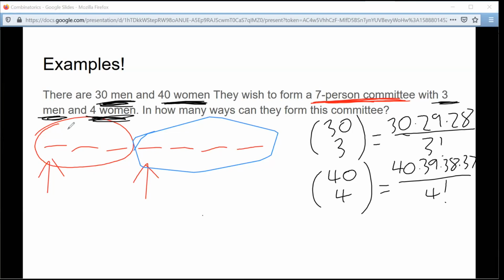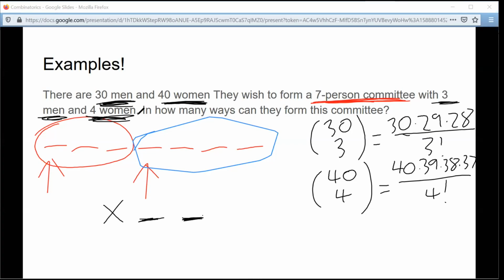So for those of you saying add, let me just give you guys a quick reminder on the difference between adding and multiplying in combinations. So you multiply whenever you have two separate categories that don't affect each other.